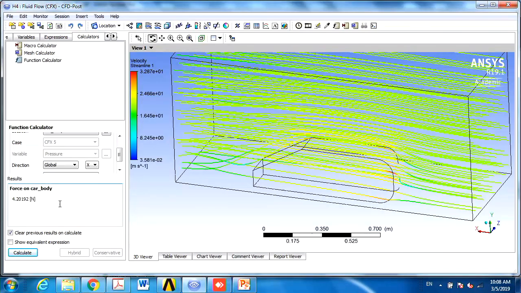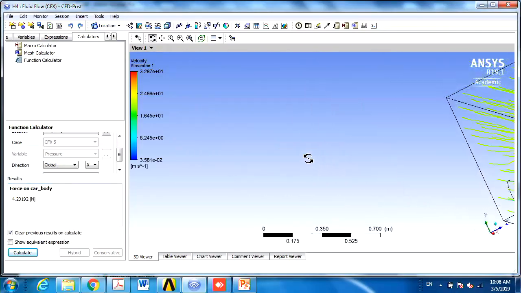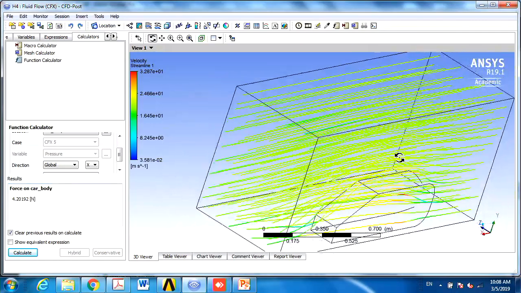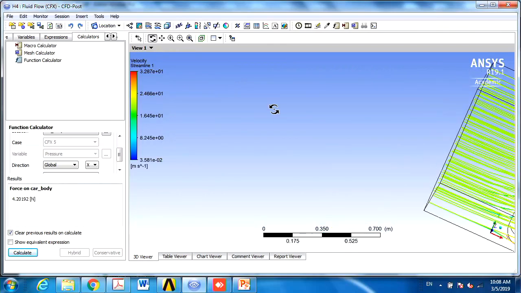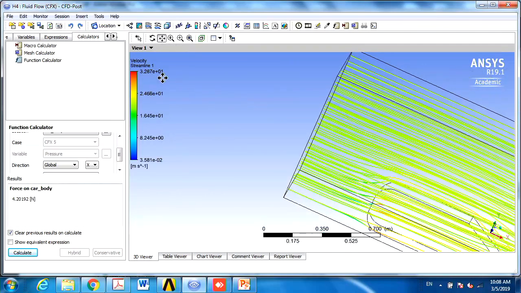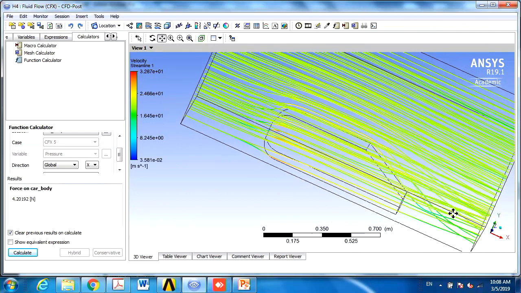Okay, so the idea here is to introduce a flap. Sorry, it's actually this way around. I know it's a funny shaped car, but this is a very traditional case.